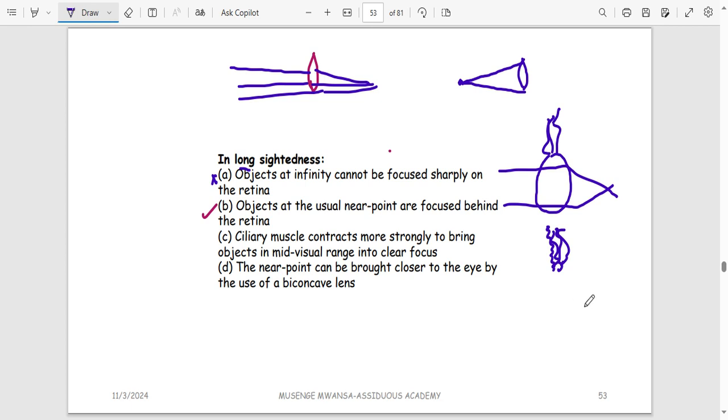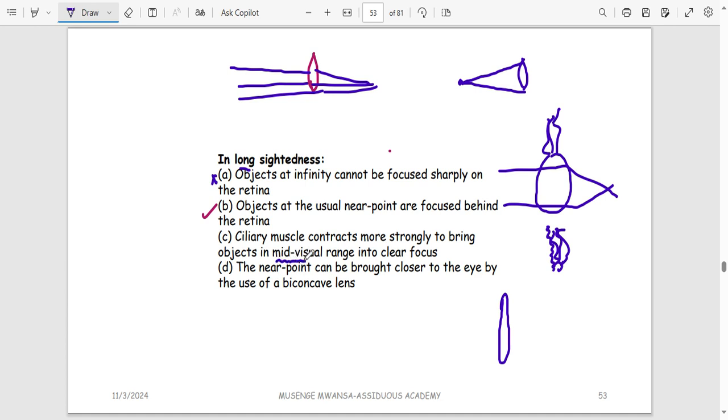Because if the ciliary muscle relaxes, the zonular fibers are going to contract and pull the lens, and it is going to become very thin. It will be much longer. And when it is thin, it can't bend light all the more.